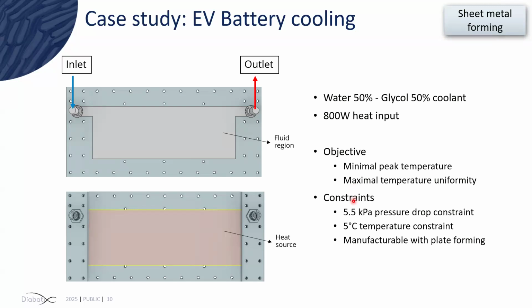Then we also put some constraints in terms of pressure loss, and essentially, as I mentioned, the temperature uniformity criteria. In terms of pressure loss, we put that the pressure should not exceed 5,500 Pascal. And then, as I mentioned, the manufacturability was again the sheet metal form.